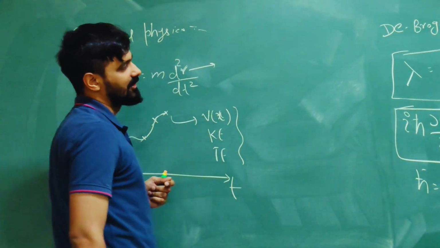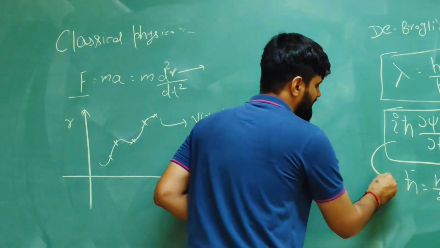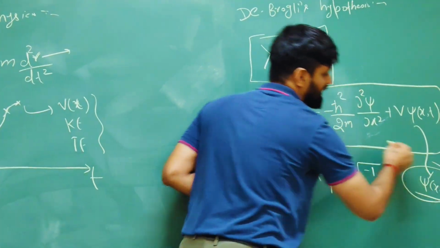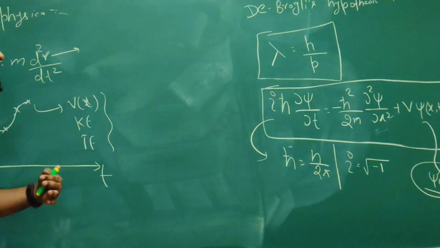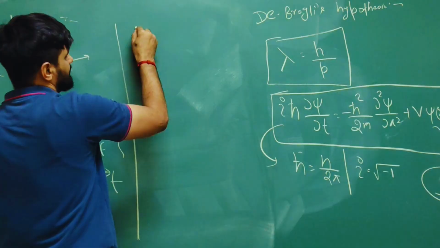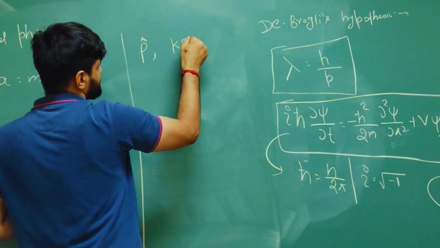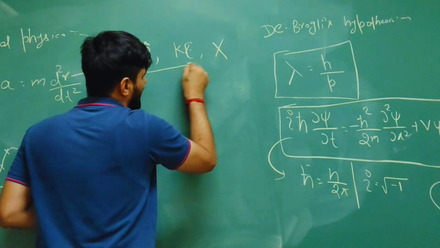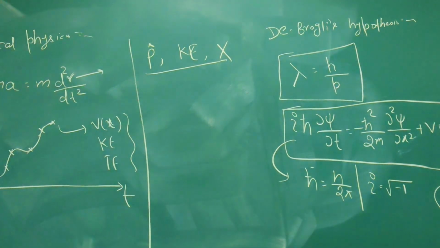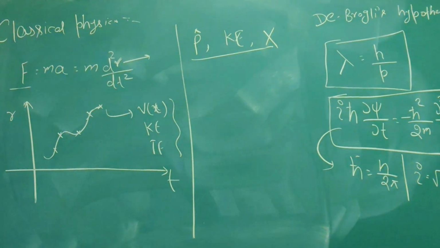But in quantum mechanics, you solve this Schrodinger equation, you get the value of ψ(x), that is the wave function, and then you apply some kind of operator like the linear momentum operator, kinetic energy operator, or position operator. Once you apply this operator over the wave function, you can calculate the observables that we calculate in classical physics.